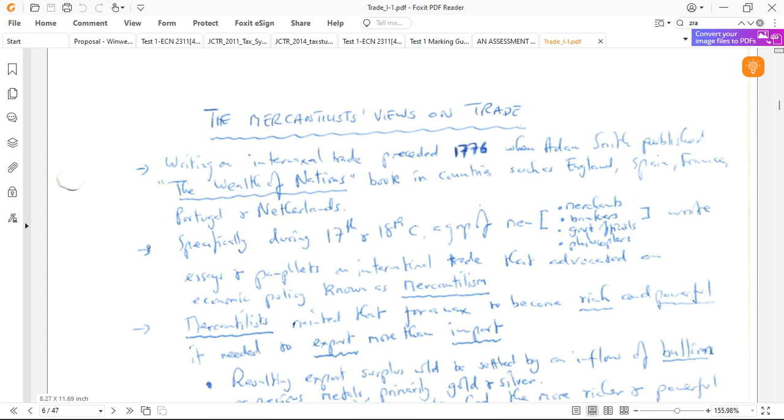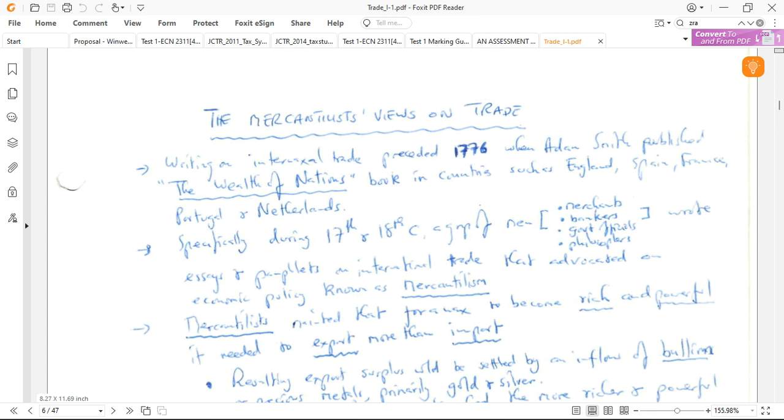But do you know the problem with this? For you to export more than you're importing, you're using your trade policy, and the chances are so high that your trading partners will do the same. They're also going to try to export more to you than they're importing from you, which means that at the end of the day, trade is going to constrict.